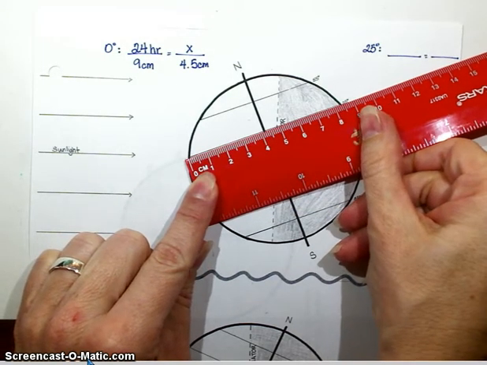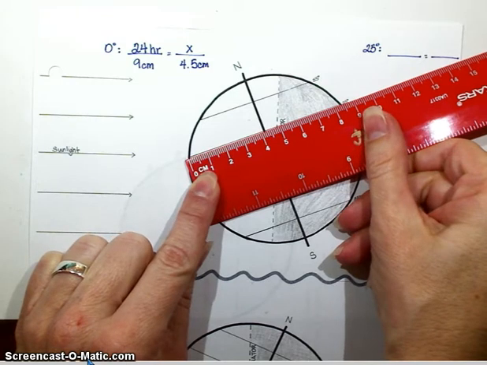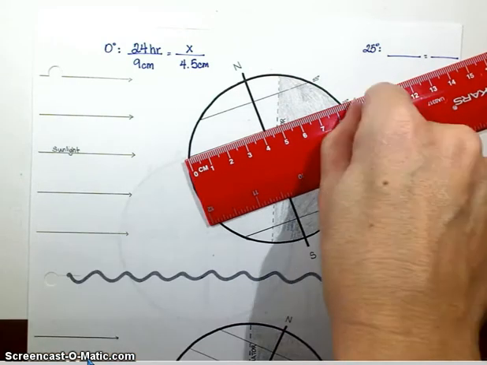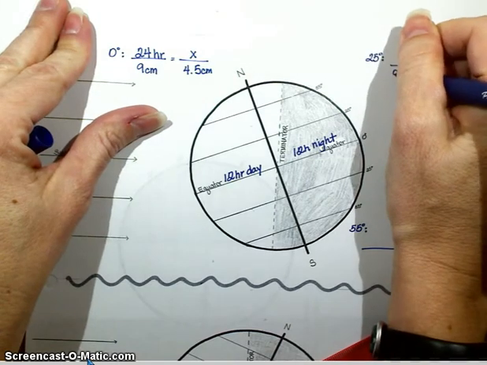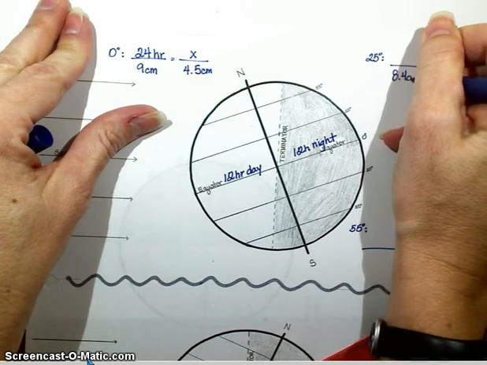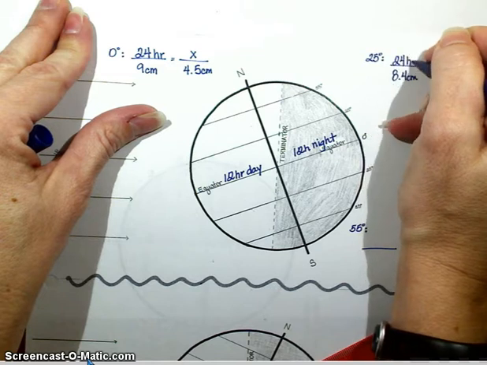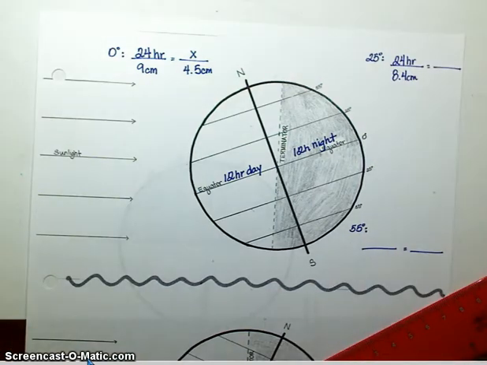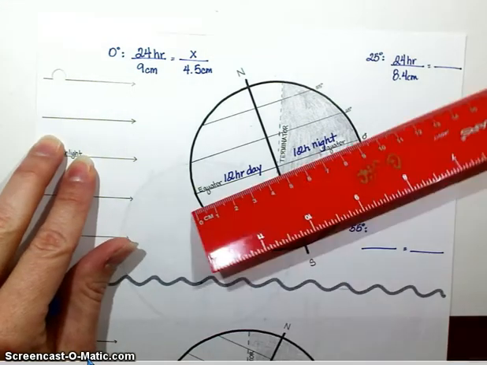I get a measurement of 8.4. So 8.4 in this case is going to represent my 24 hours. Where am I measuring to? I'm measuring to the terminator.